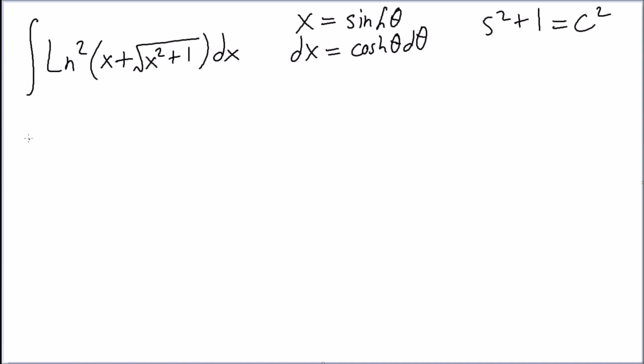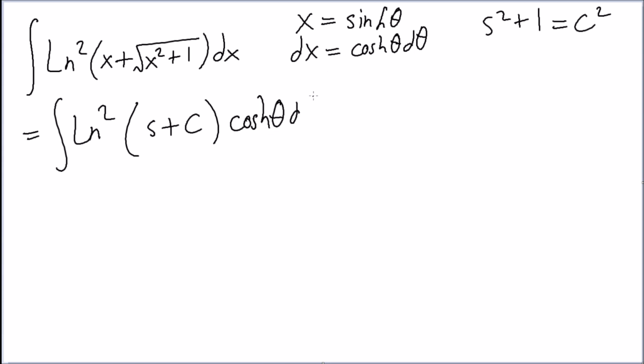And now this is going to give us ln squared of sinh theta plus the square root of sinh squared plus 1, which is cosh squared, square rooted. This gives us cosh. So now we have sinh plus cosh, and then cosh theta d theta.